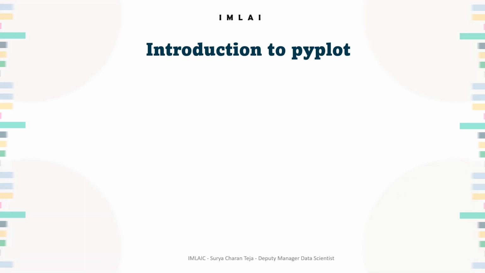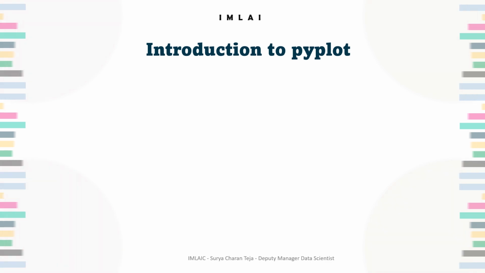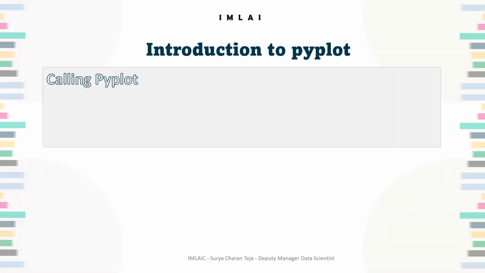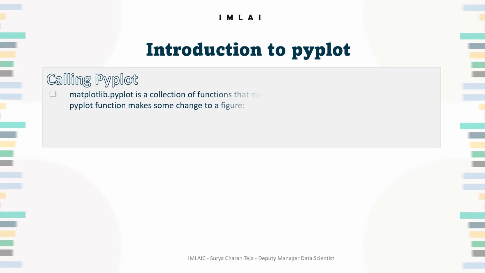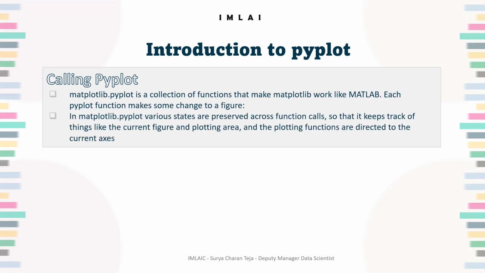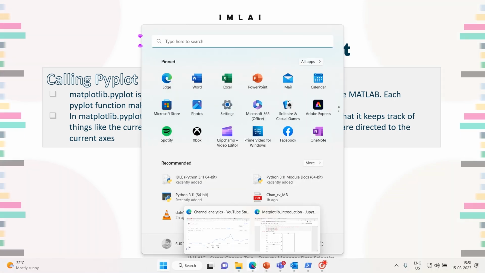For example, it creates a figure, creates a plotting area in a figure, plots some lines in a plotting area, or decorates the plot with labels. In matplotlib.pyplot, various states are preserved across function calls, so that it keeps track of things like the current figure and the plotting area. So let's do an example for this.